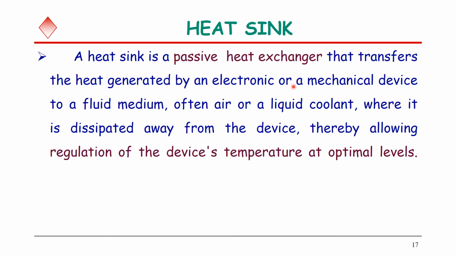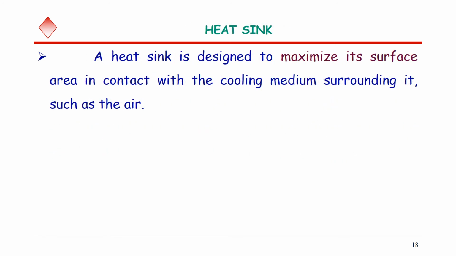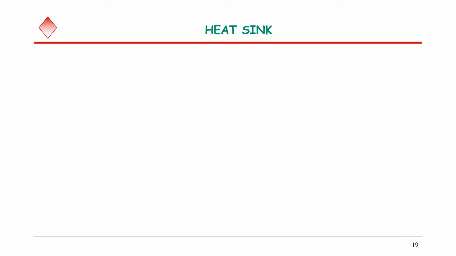It transfers the heat generated by an electronic or a mechanical device, which allows regulation of the device temperature. Normally, a heat sink is designed to maximize the surface area so that it has a cooling medium surrounding it. In general, air is a perfect cooling medium.